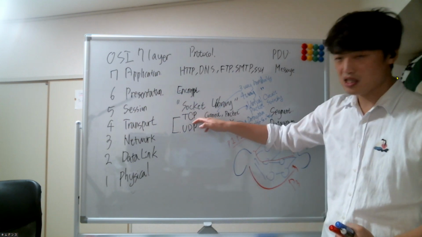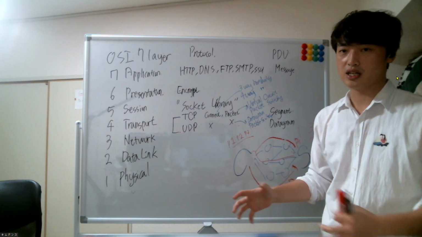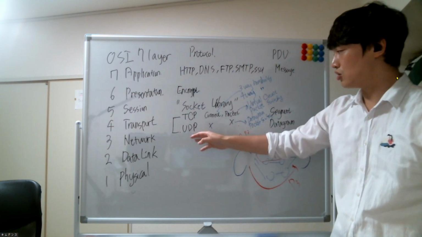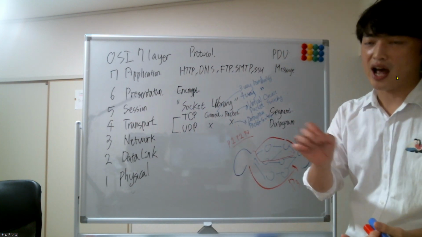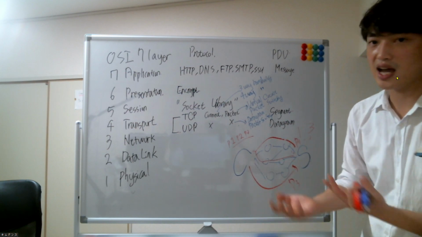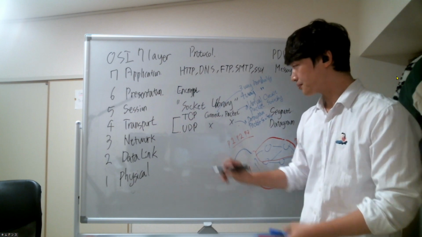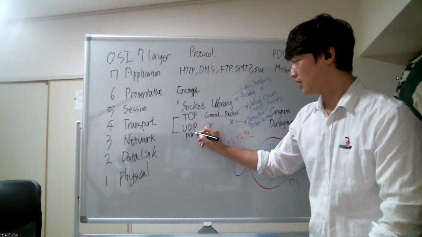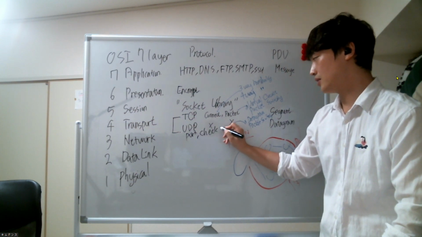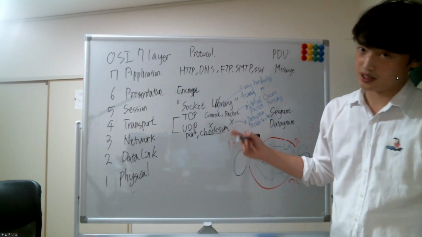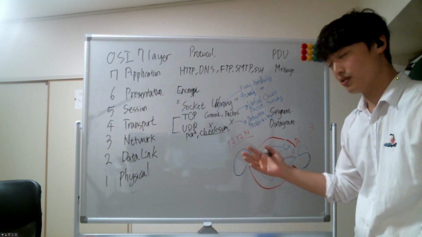TCP is already settled so much, it's like a huge bundle. But UDP is a white canvas, so you can draw anything on it and customize any kind of rules. It only has the port and a data checksum to validate whether the data is valid or not.